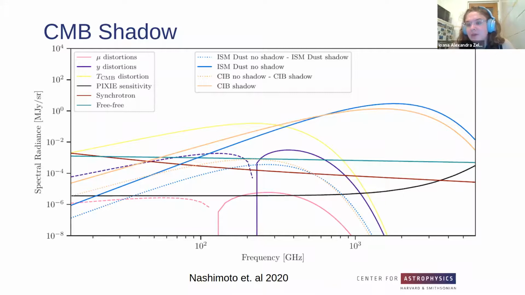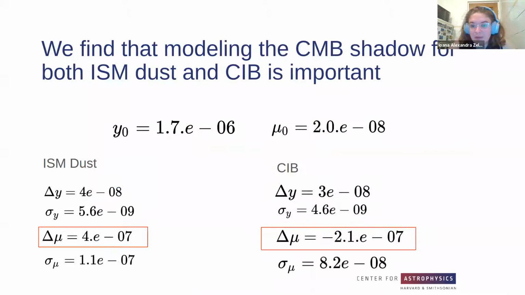They were talking about the anisotropy of the CMB measurements, in spatial directions. And here in this paper, I looked for the first time at how the CMB shadow affects the spectral distortion measurements. And the conclusion is that it's very important to include it, otherwise we're going to have really bad biases.